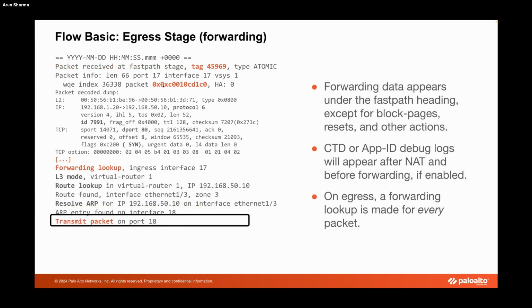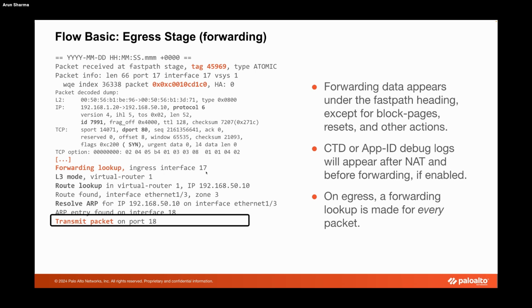How will the forwarding look? The forwarding will happen every time. It doesn't matter whether slow path or fast path, because routes can fluctuate, or there are other issues related to the routes. So the firewall does the forwarding lookup every time. Forwarding lookup happened here.